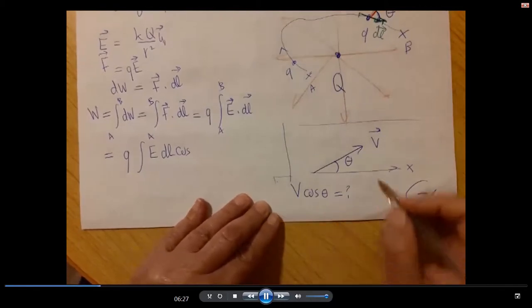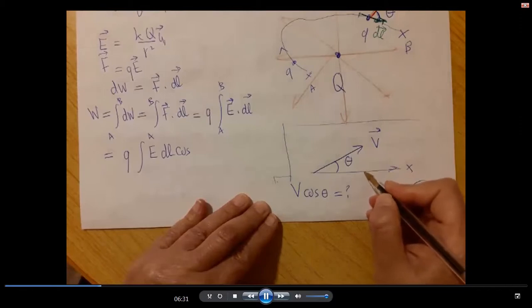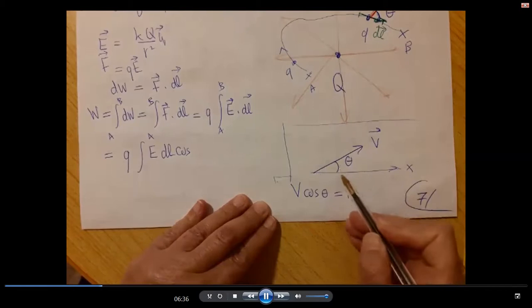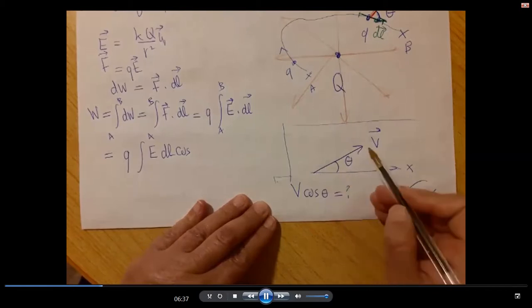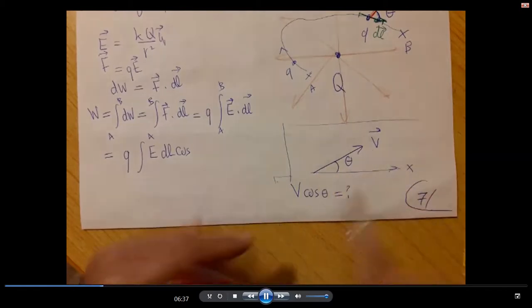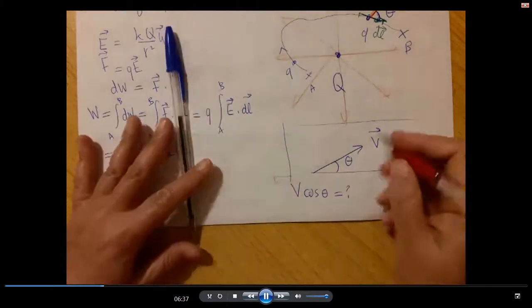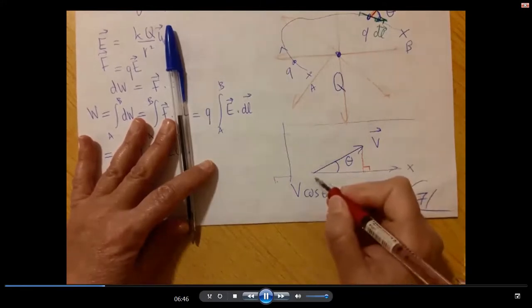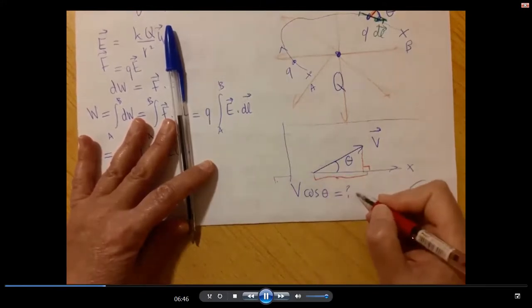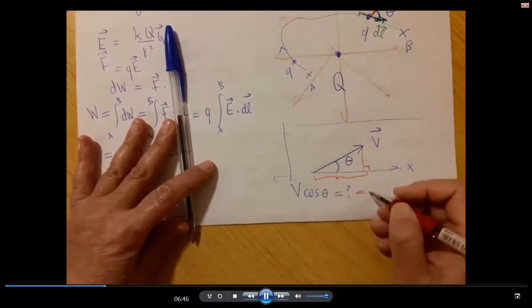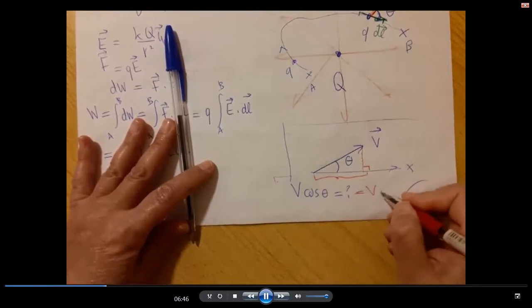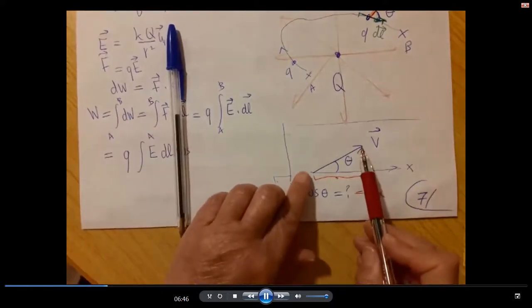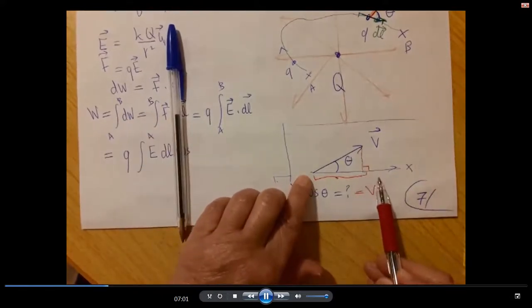It's the projection of V along the x-axis. If you draw it, you do the projection of V along the x-axis, and this distance is V cosine theta, which is actually Vx, the projection of the vector V along the x-axis.